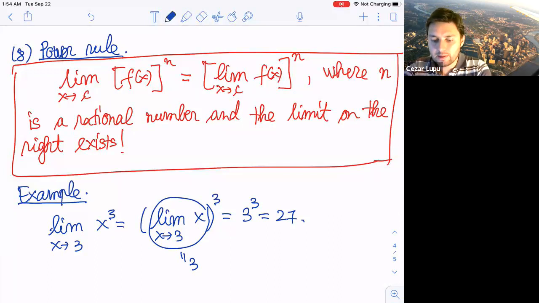Now, I want to see if we have some kind of a polynomial function. I want to see something a little bit more complicated to see how we operate with this.